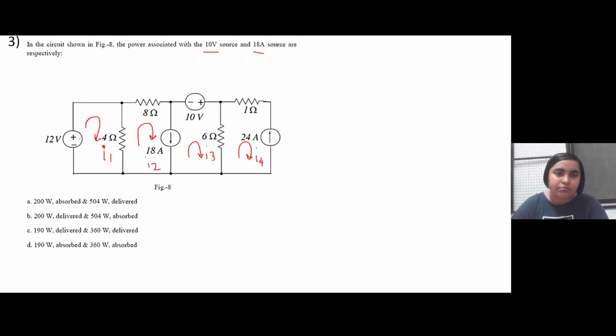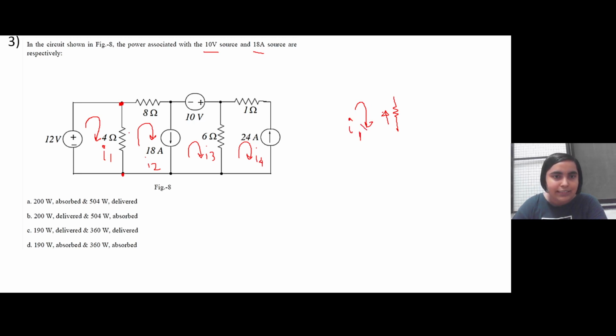You will see. Here the voltage across this node and this node is given as 12 volt, right? And a 4 ohm resistance is connected across it. Now if you apply KVL in this loop through this 4 ohm resistance, let me draw it here. Through this 4 ohm resistance, I1 is flowing in this way.